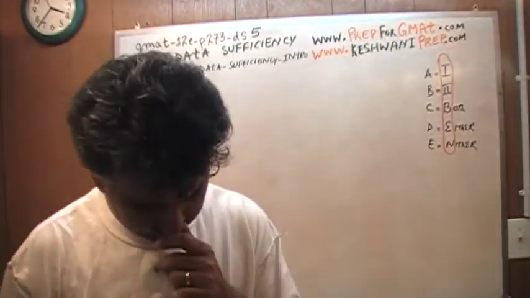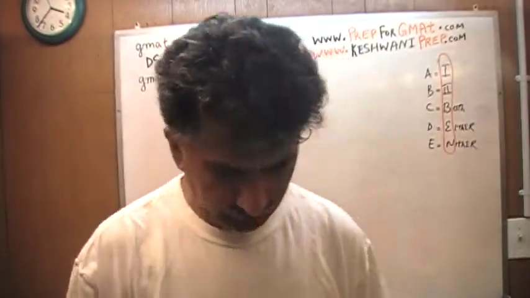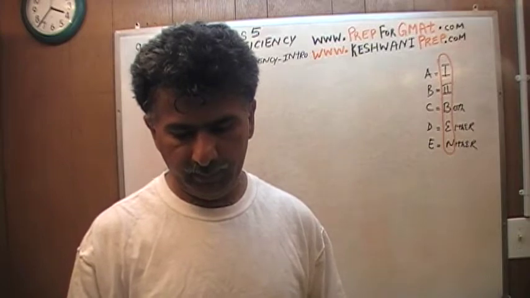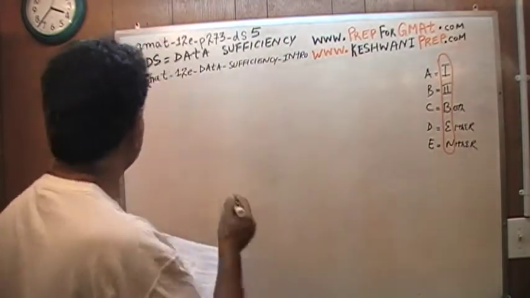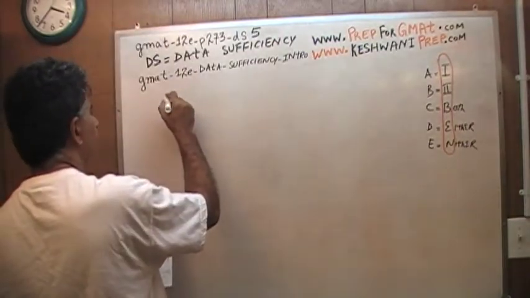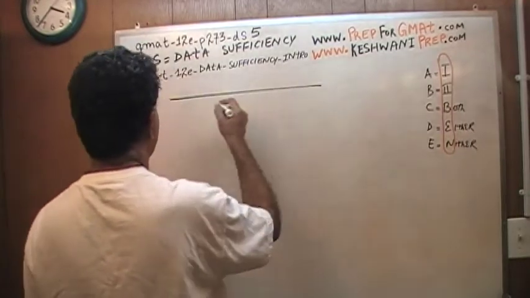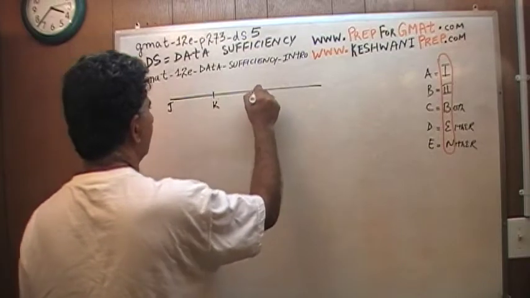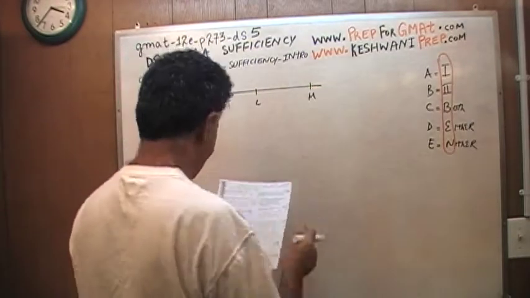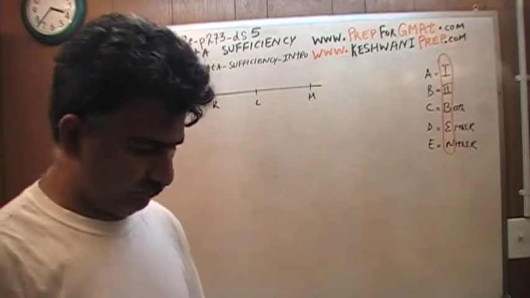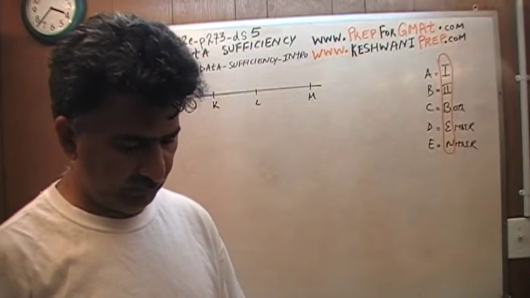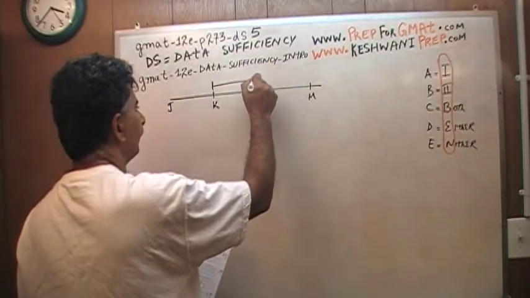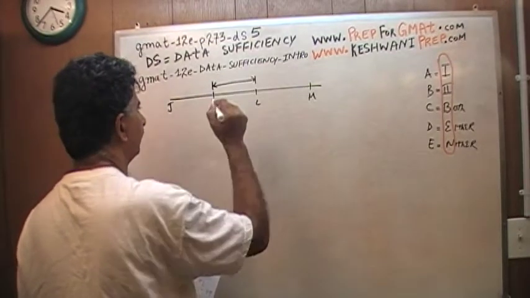So let's go through the problem. Enough of the talk. Number 5 is what I'm doing. It says a certain expressway has exits J, K, L, and M in that order. So let's draw our expressway: J, K, L, and M. The question simply is, what is the road distance from K to L?